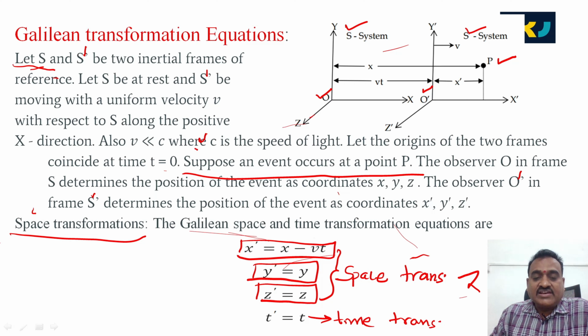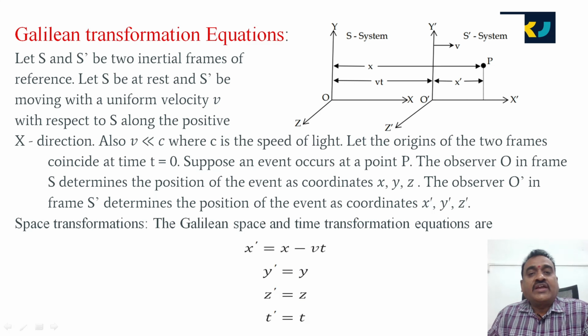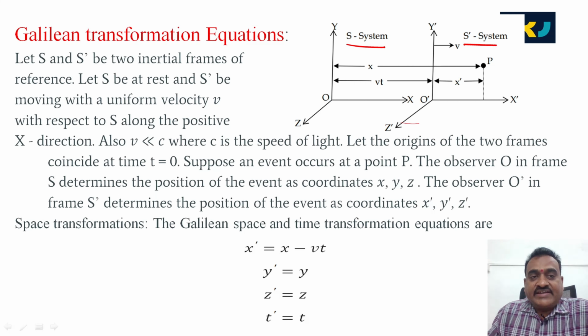You can see clearly here, let S and S dash be two inertial frames of reference. S is at rest, and S dash is moving with a constant velocity v along the positive x direction.